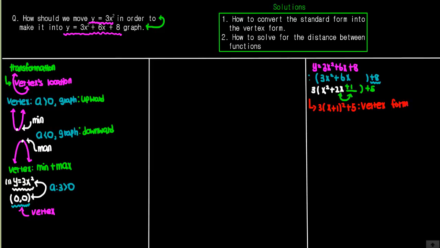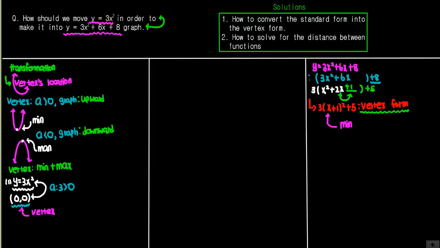And we can know one thing from this vertex form: our leading coefficient is equal to 3, which means it is positive, and the vertex of our quadratic function will be the minimum point of our function.